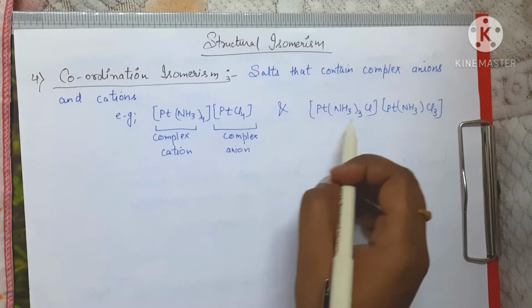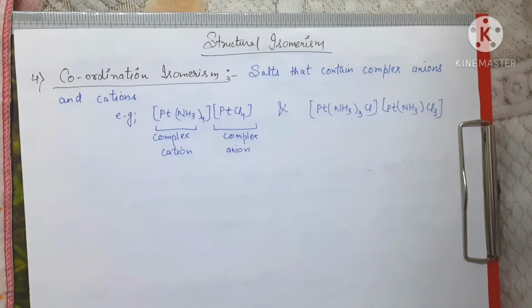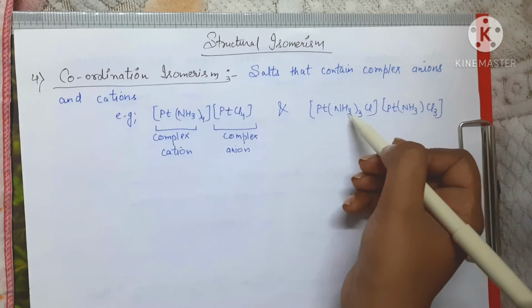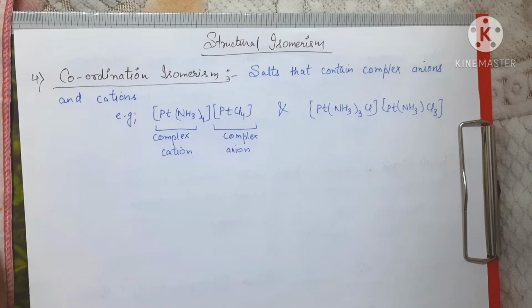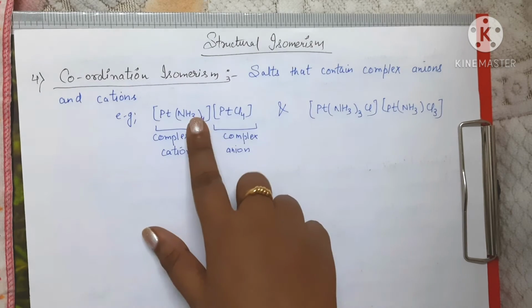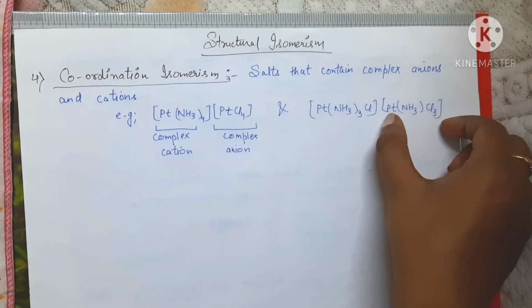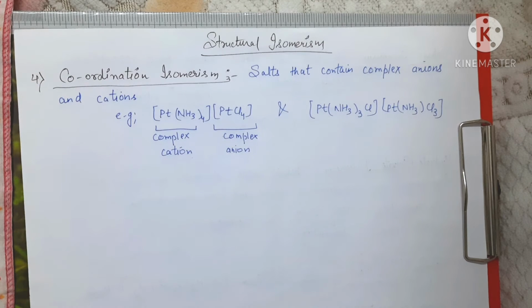See, both of them have the same molecular formula, but the coordination spheres for the complex cation and anion have different ligands. So this is the coordination isomerism, in which different ligands will be attached in the complex cation and complex anion spheres.